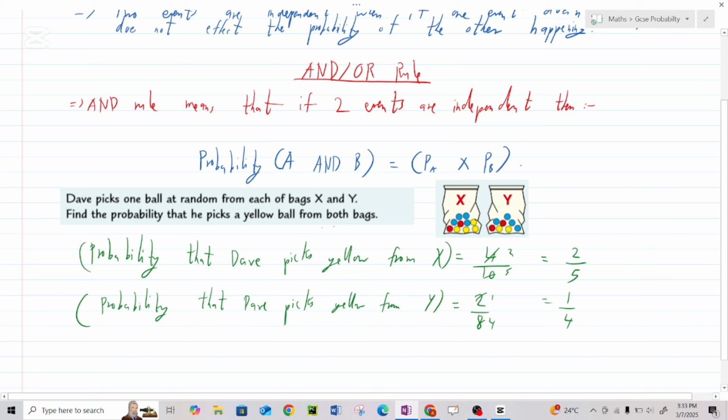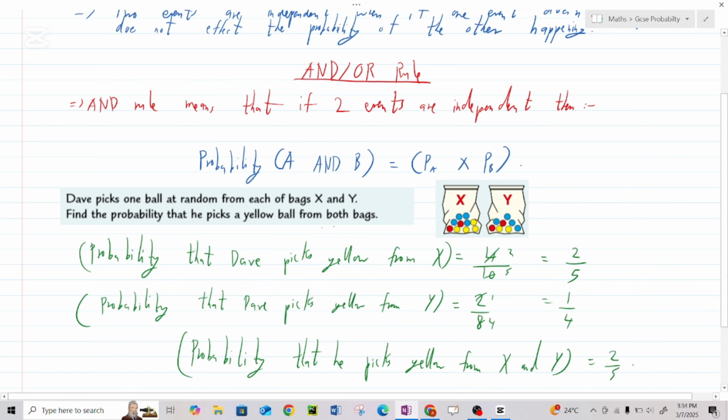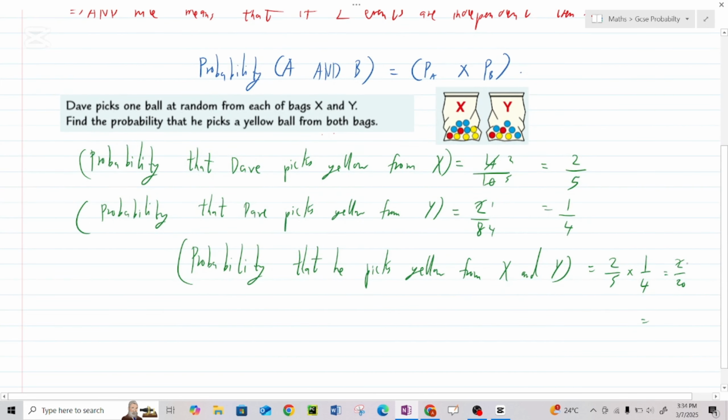So if I want to find the probability from both bags, the probability that he picks yellow from X and Y is going to be 2 divided by 5 multiplied by 1 divided by 4. That's going to give you 2 divided by 20. Or in other words, you can also simplify this: 2 times 1, 2 times 10, 1 over 10, or 0.1.